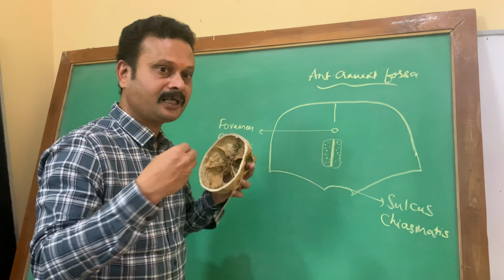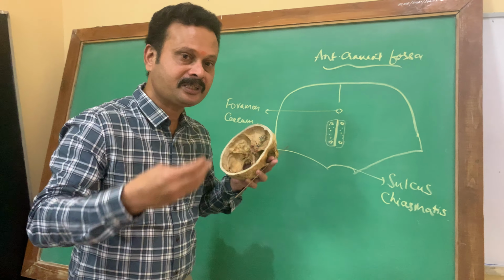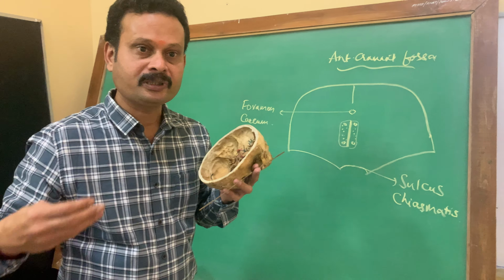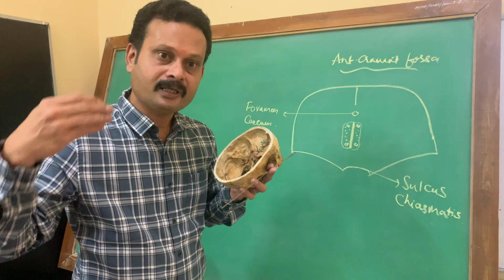And in front and behind, on either side, are the anterior and posterior ethmoidal canals, transmitting the anterior and posterior ethmoidal nerves respectively. Is it clear? This one is the cribriform plate of the ethmoid bone.